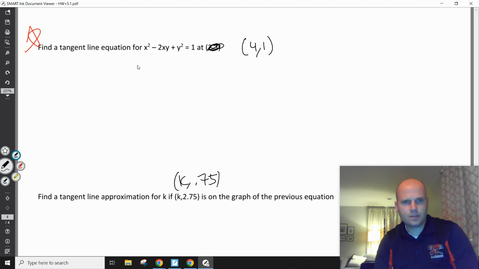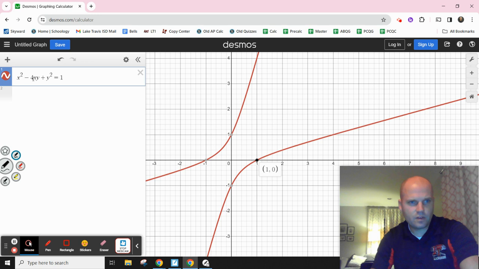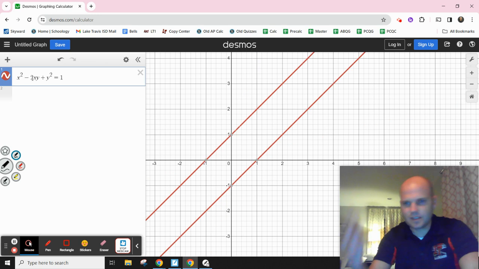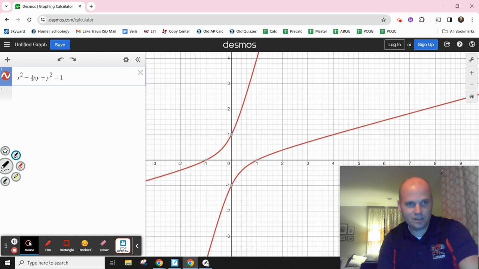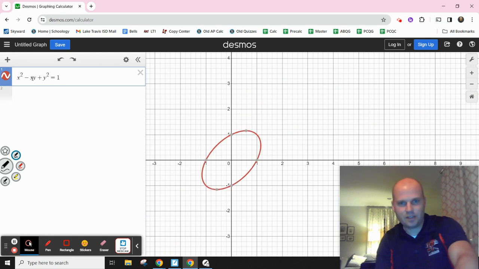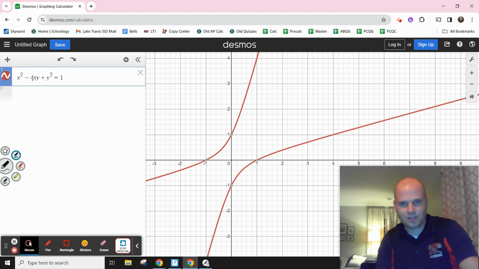And I change this to a 4. Because if you have minus 2x, it's this parallel line situation, which is so trippy. It's like crazy. Change that number to just an x and it's an ellipse, you know, it's wild.